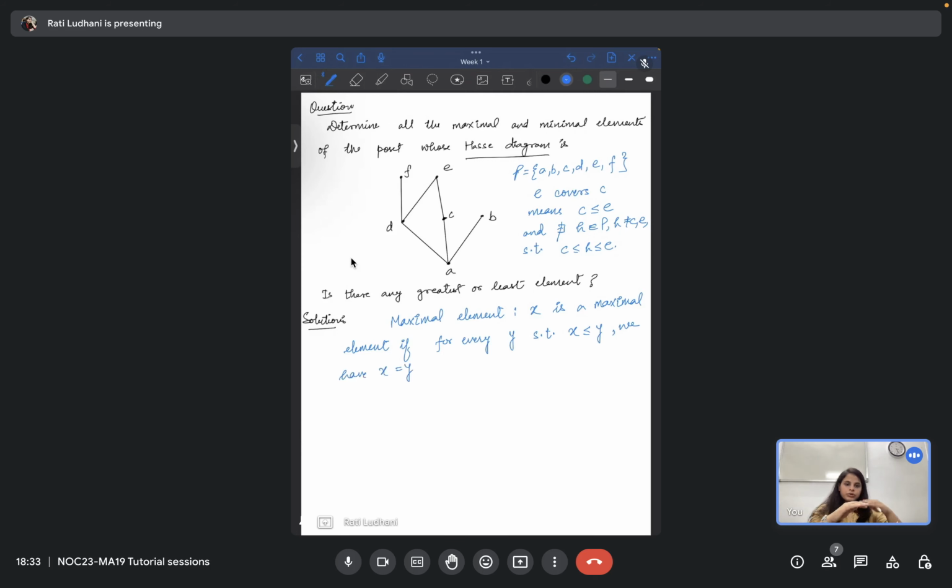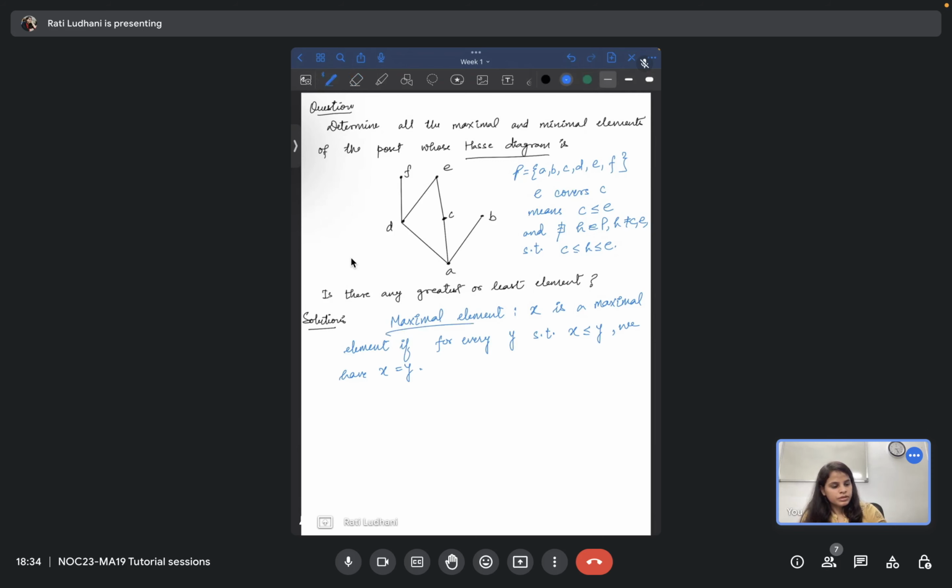So basically, if you have any other element which is bigger than x, staying above x, with a relation in between, then x is equal to y. You cannot have such an element. Then it is said to be a maximal element, and you may have many maximal elements in your poset.